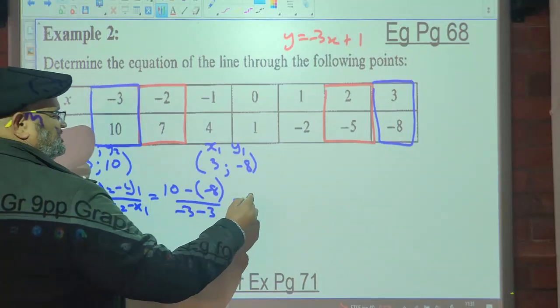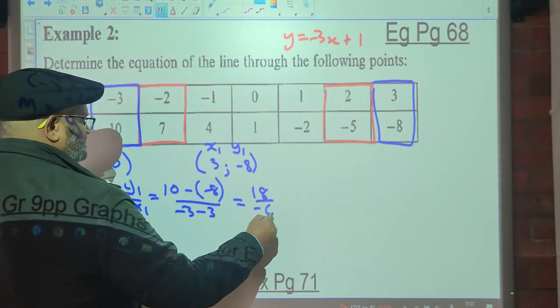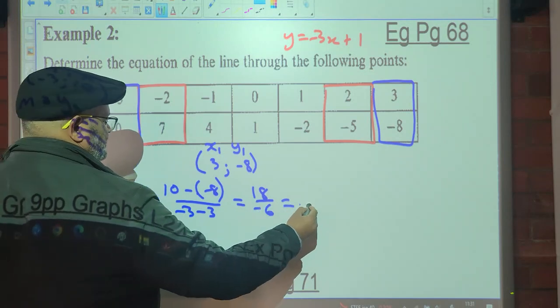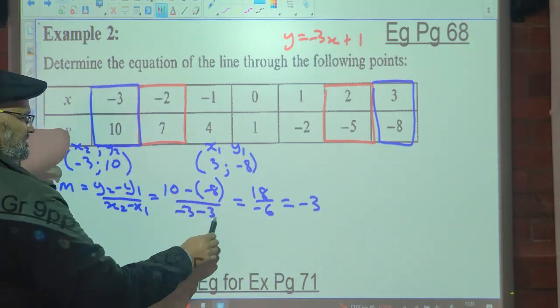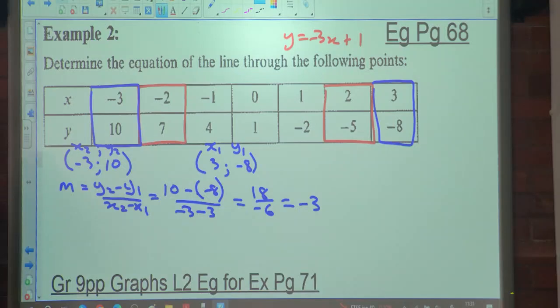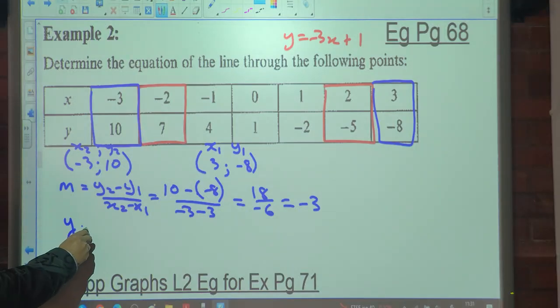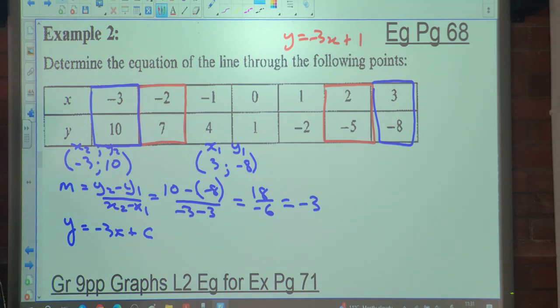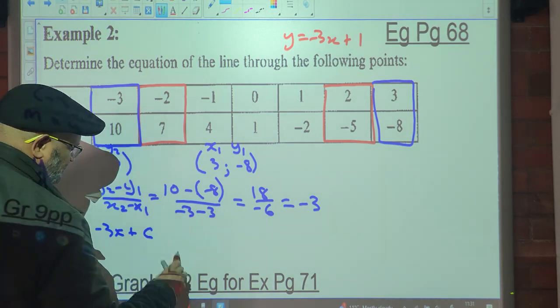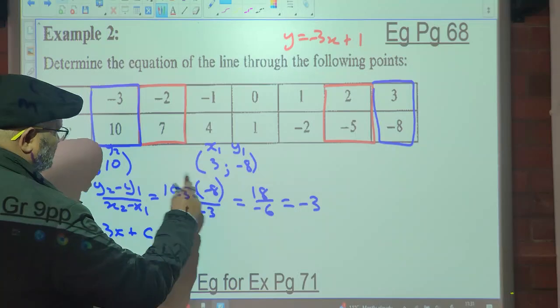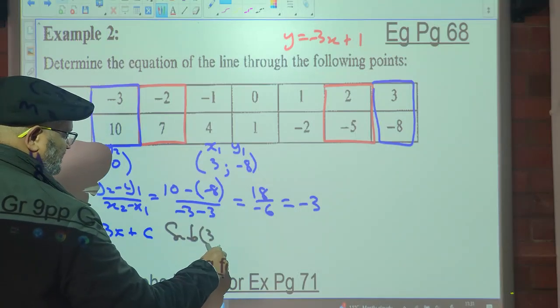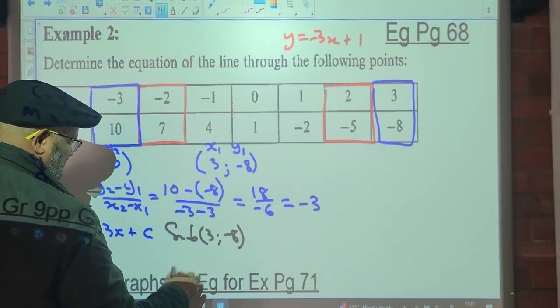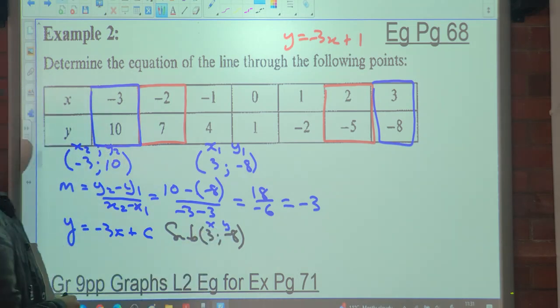There's going to be positive 8, so it's 18 over negative 6, which is negative 3. Again, you can put this in a calculator. So what's my equation reading now? y is equal to negative 3x plus c. So now we're going to substitute one of the 2 points. So we have 3 and minus 8. Remembering this is an x and a y.